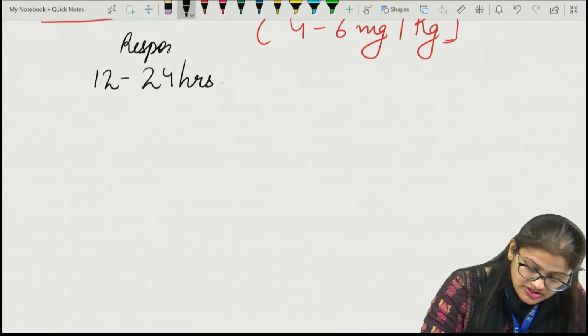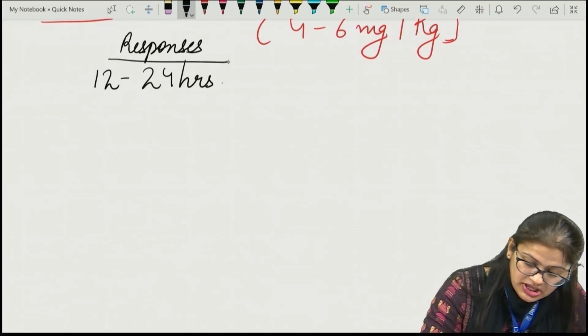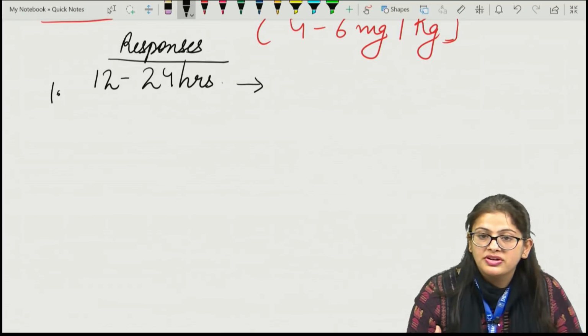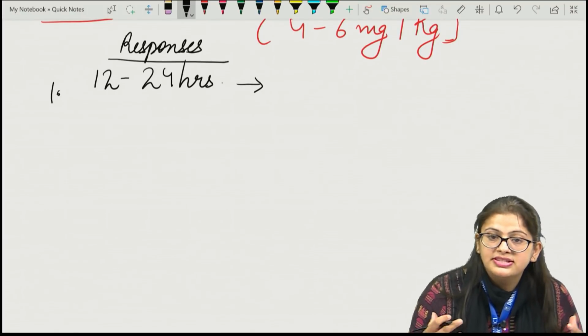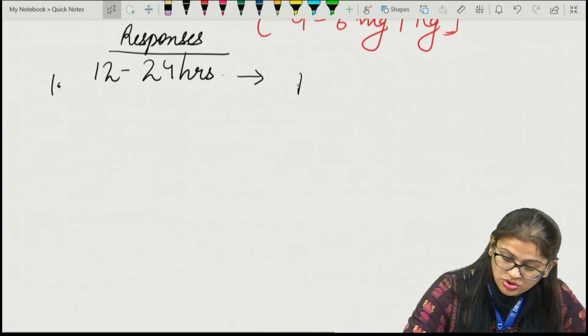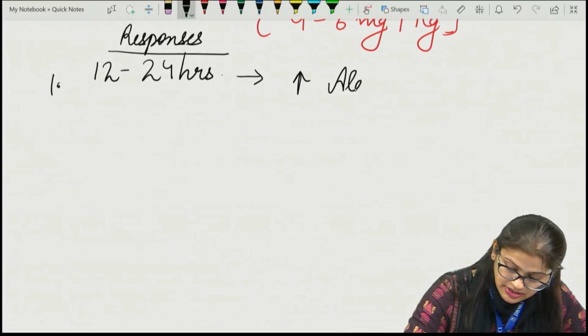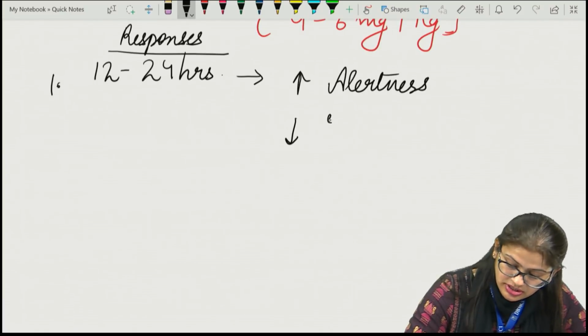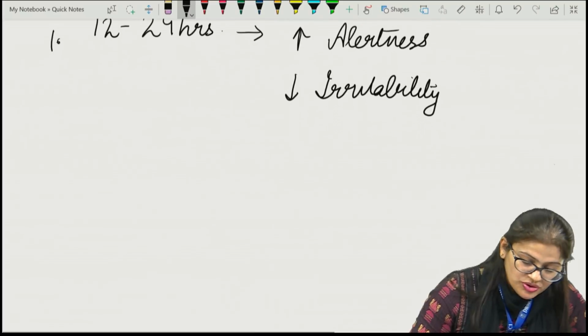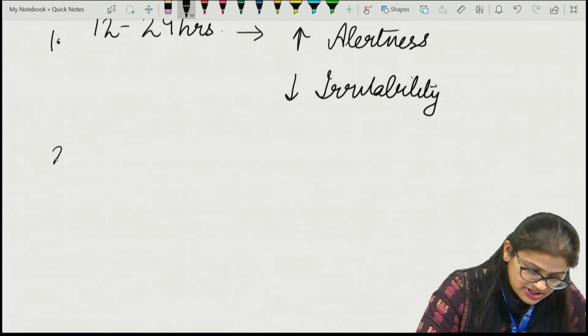And what can be the responses to iron therapy? Well, within 12 to 24 hours, because of the replacement of intracellular enzymes, the child's irritability will reduce and alertness will increase. So there is increased alertness and reduced irritability after iron therapy has been initiated because of the replenishment of iron enzymes.